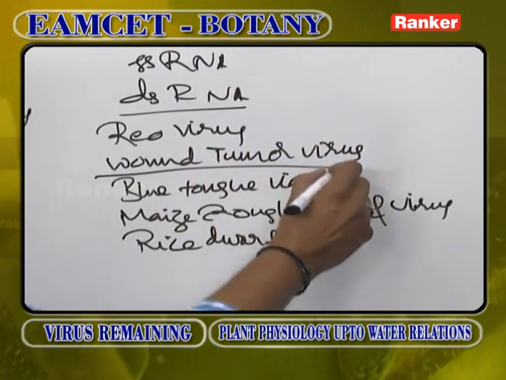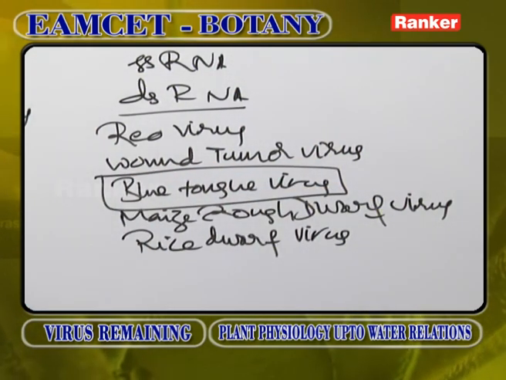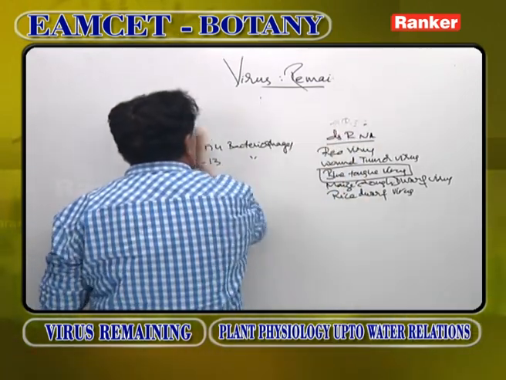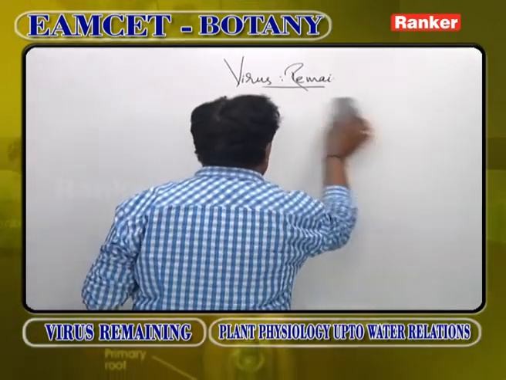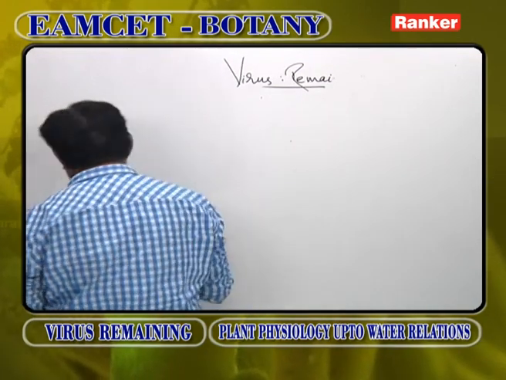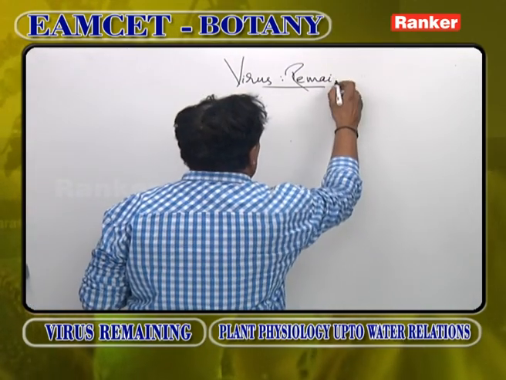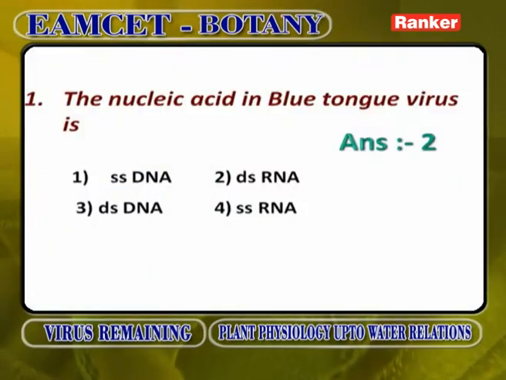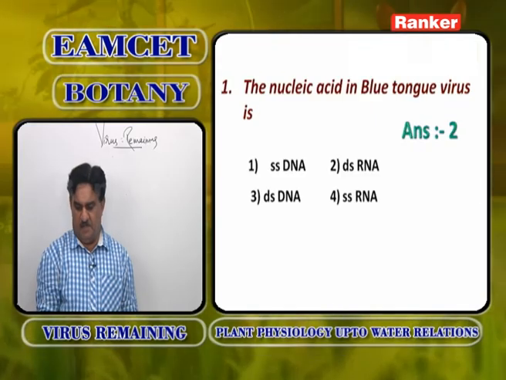So, in blue tongue virus, the genetic material is double stranded RNA. So, nucleic acid in blue tongue virus is double stranded RNA, second option.